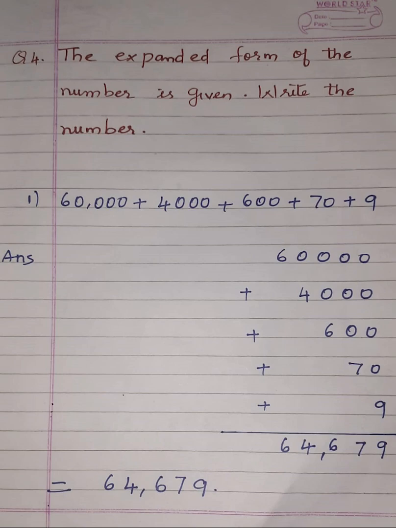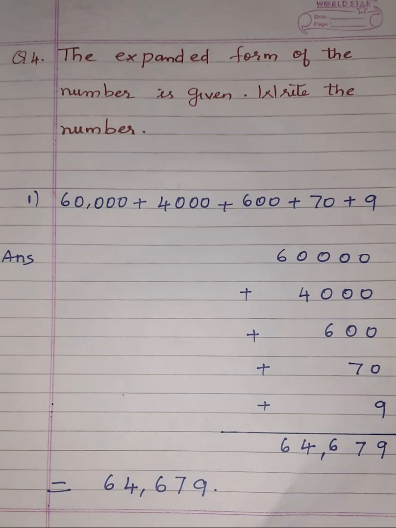Now students, our fourth question is: the expanded form of the number is given, write the number. That means here they have given the number in the expanded form and they want us to write the number. Children, one thing you keep in mind, though it is given in the expanded form, you will not write directly.